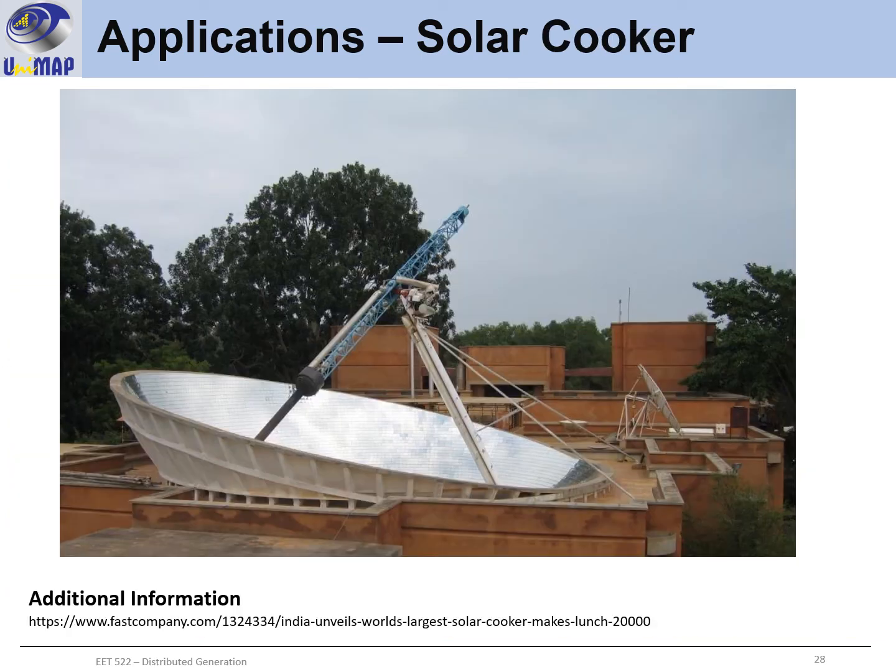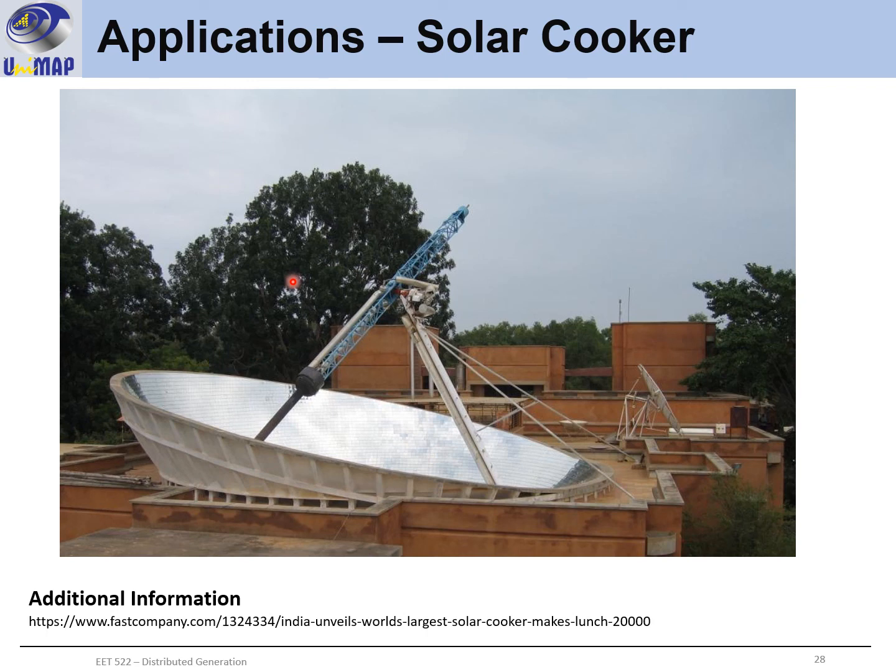Okay, this is the solar cooker. This is a common technology used in India. So they will use some sort of dish to collect the heat energy from the sun to produce steam, and they cook inside the building.